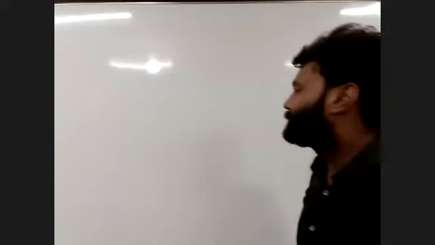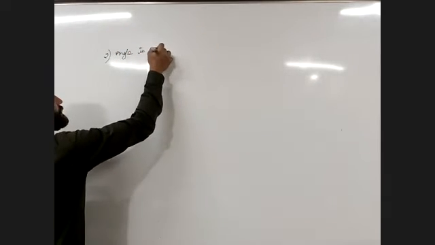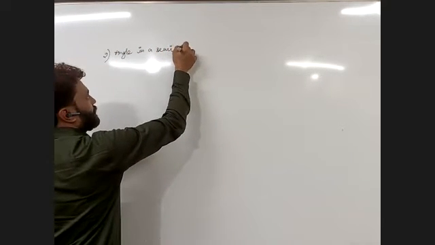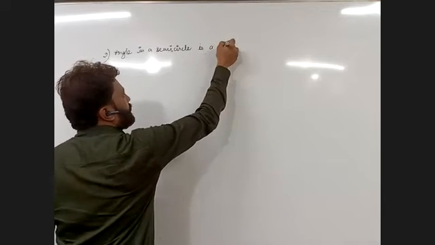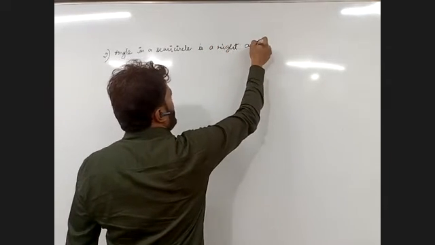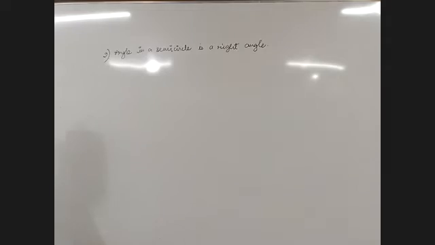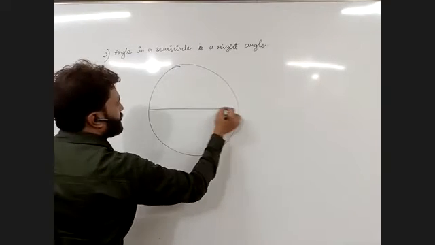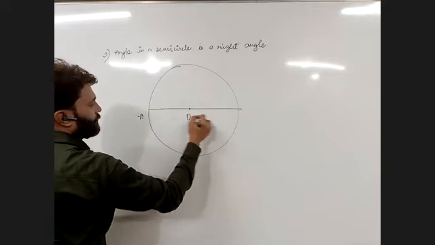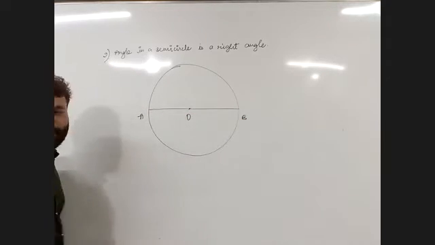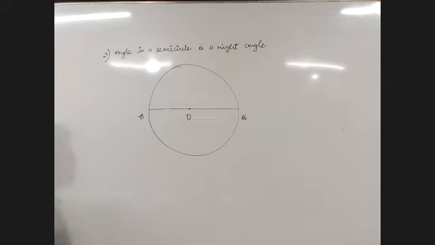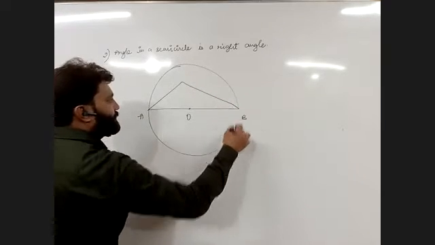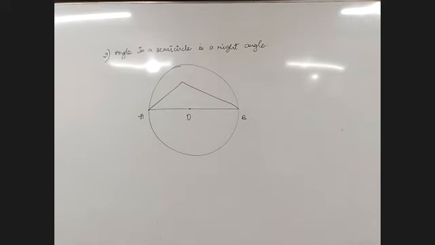Next one. Second property is angle in a semicircle is a right angle. What does this mean? Any angle formed by the arc, that is angle in a semicircle, will be on the circumference.